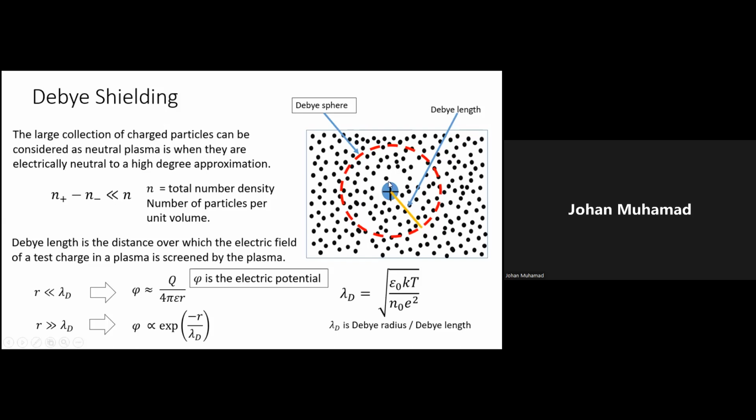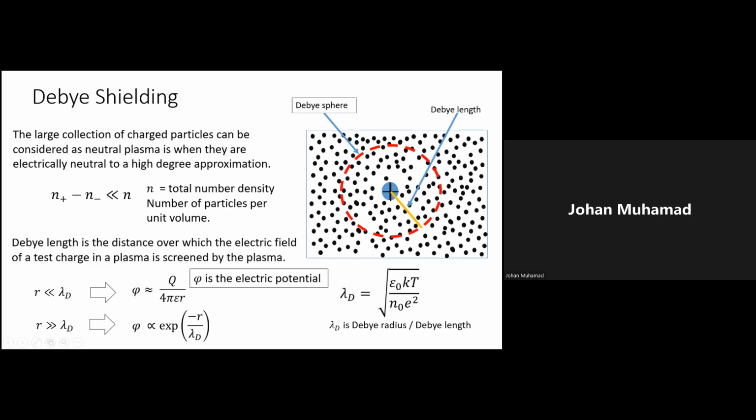Maybe we have positive charge and negative charge. Then we know that there's an electric potential, so we have Coulomb's law, that some charge will interact with the oppositely charged particles.